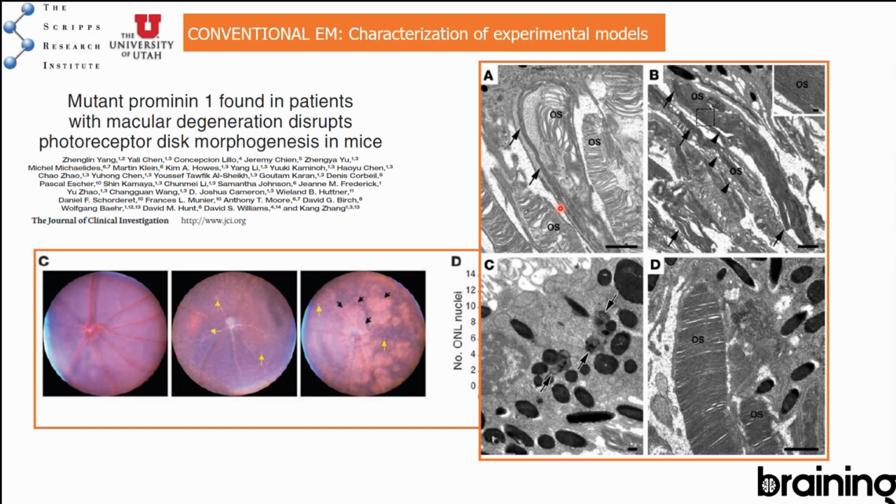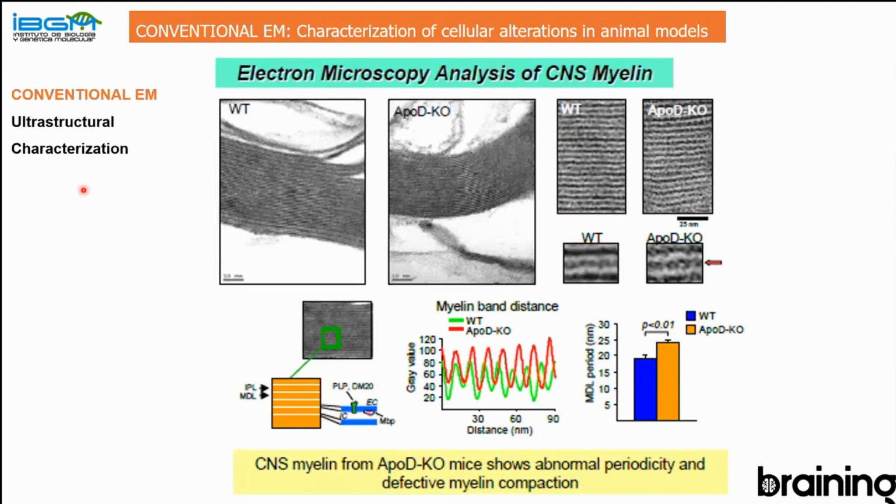Most of the times, these kind of experiments can help you to describe a specific thing that is going on in a specific cell or in a specific organ or organelle. Okay.